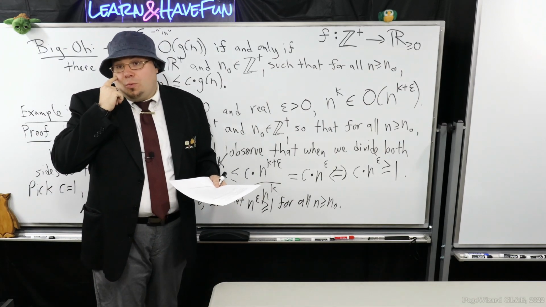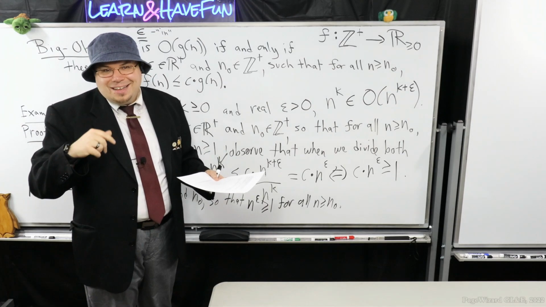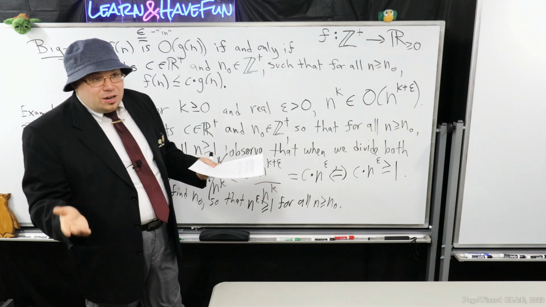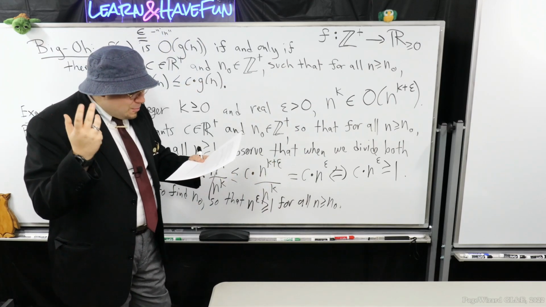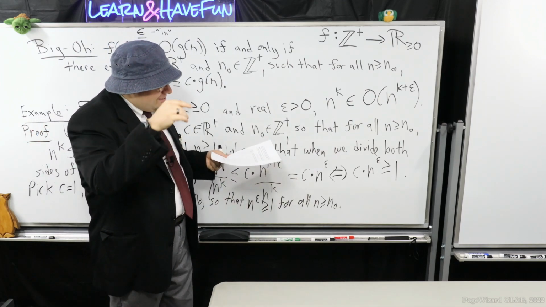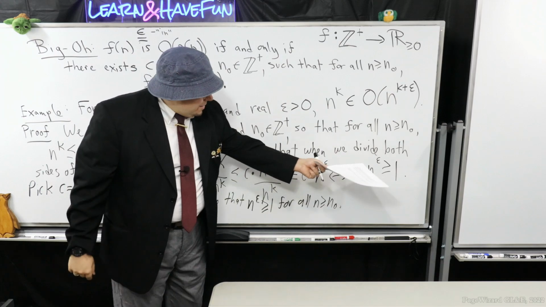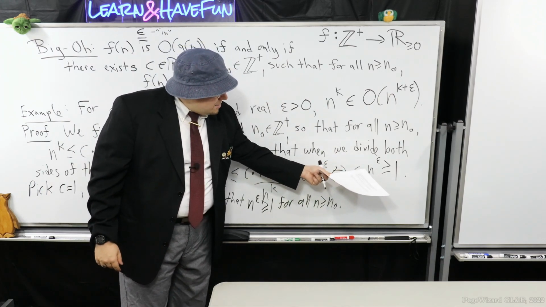Well, 1 to the anything where the exponent is greater than 0 is just 1, right? So that means that if it's an increasing function and 1 to the epsilon is equal to 1, it's never going to get smaller than 1. So notice I have c times n to the epsilon.